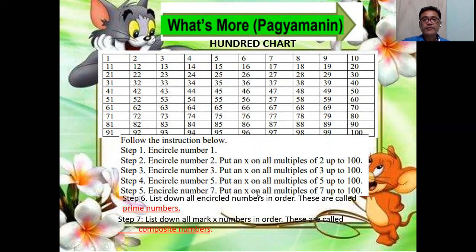Put an X on all multiples of 7 up to 100. Step 6, list down all encircled numbers in order. These are called prime numbers. Step 7, list down all marked X numbers in order. These are called composite numbers.